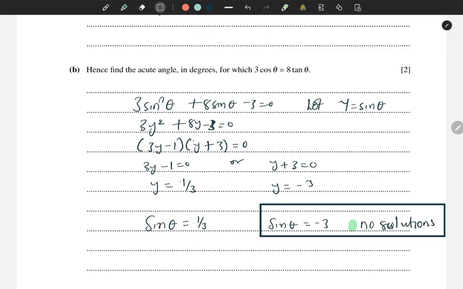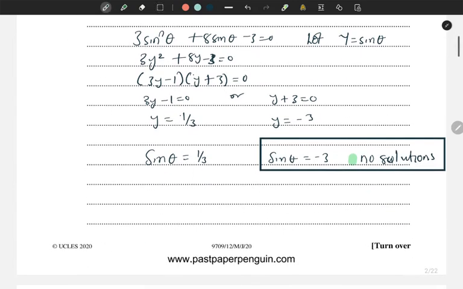Now let's consider the second one, where sine theta equals 1 over 3. Yes, 1 over 3 lies within the range of sine theta, which is minus 1 to 1. So theta is the sine inverse of 1 over 3, which equals 19.5.